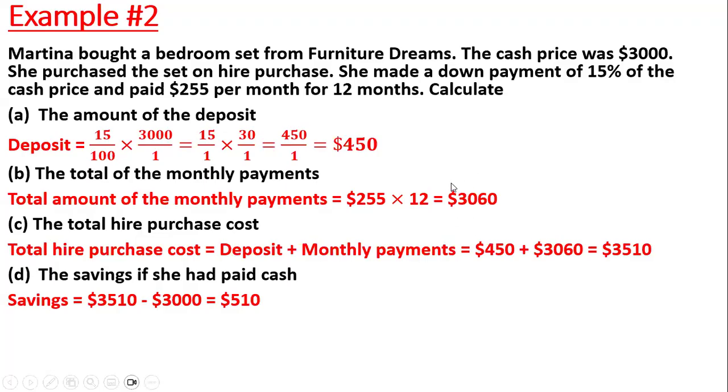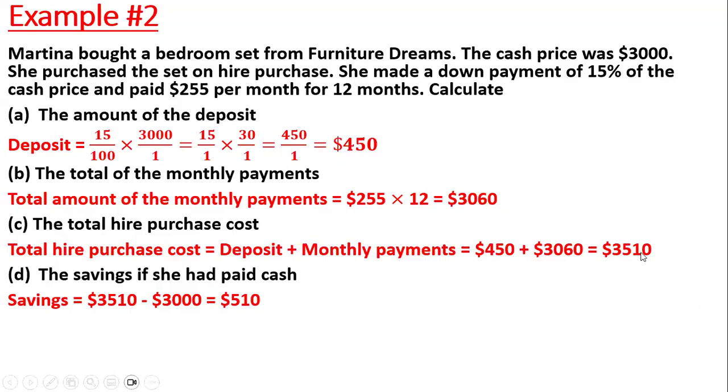That is the amount she has to pay: 12 months, $255 every single month. To find the total hire purchase cost, we add what we got in A and what we got in B. That's how we got C. We add the 450 and the 3,060 to give us the total hire purchase cost, which is 3,510. Very good.